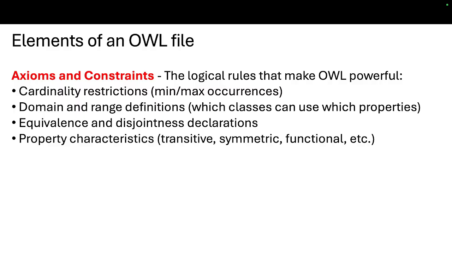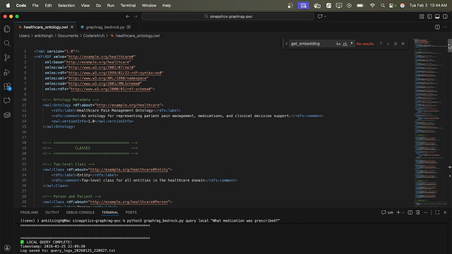For example, which classes can use which properties, equivalence and disjointedness declarations, and property characteristics like transitive, symmetric, functional, etc. I won't go into a whole lot of detail on these constraints and rules because by itself it's a big topic, it's a domain in itself, but my goal for this video is that you understand the characteristics of an OWL file. What you're looking at right now is a healthcare ontology.owl file.